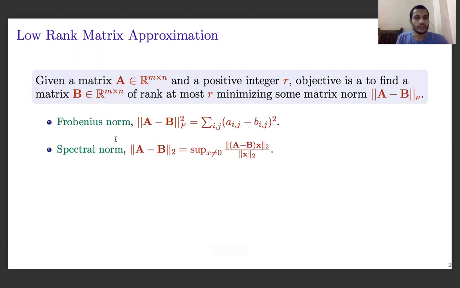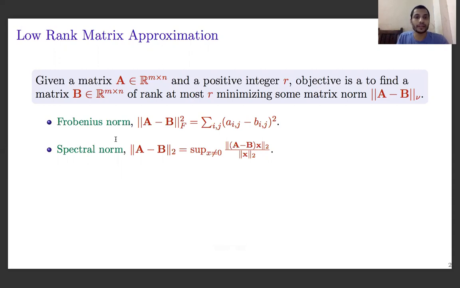And two well-studied objective functions for low-rank matrix approximations are the Frobenius norm and the spectral norm. In the Frobenius norm, we have to minimize the summation over i and j of (a_ij minus b_ij) squared.